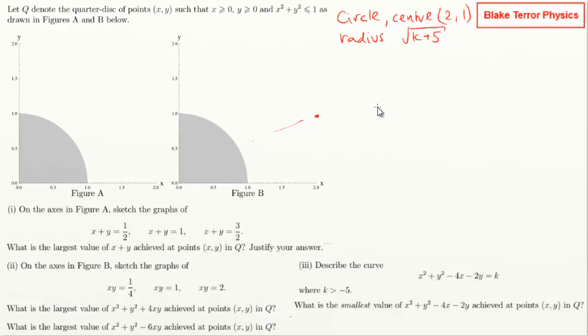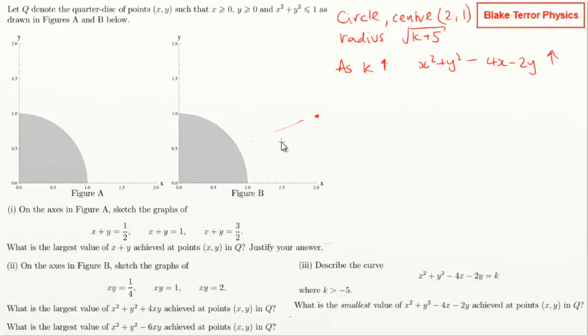So, okay. So what am I trying to do here then? So we want the smallest value of that achieved inside those points, right? Okay, so we've got this k. So as k increases, the radius increases, the circle is increasing. So yeah, as k increases, that means that x squared plus y squared minus 4x minus 2y increases. So we want to have the smallest value.